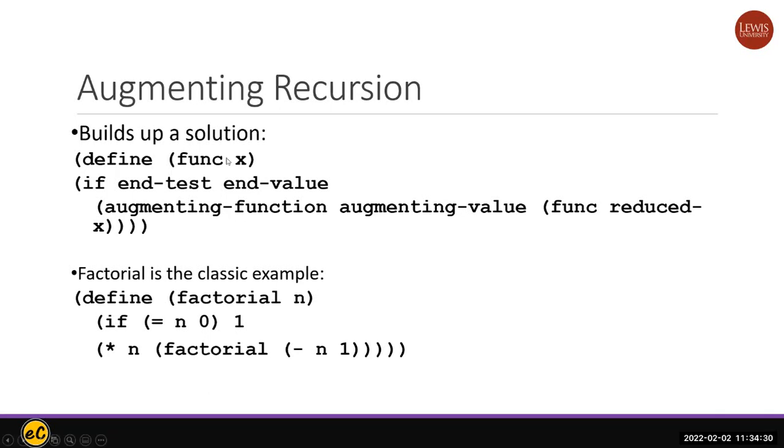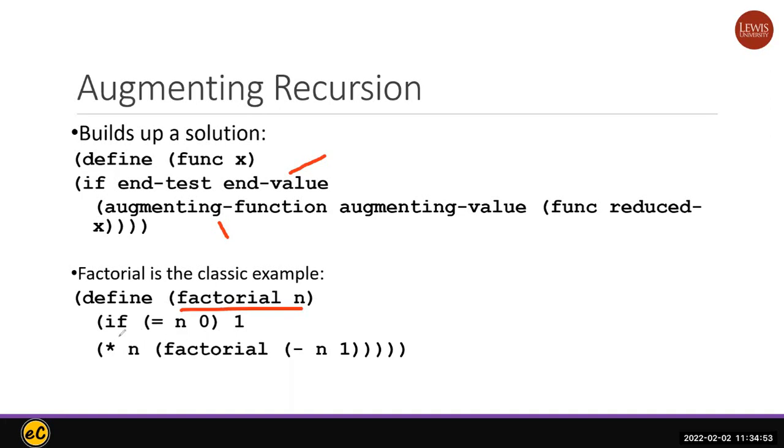So we define function x, and then if, end test, end value, and an augmenting function. This one is recursion. Here you have the base condition and also the augmenting function. Here we define n factorial.